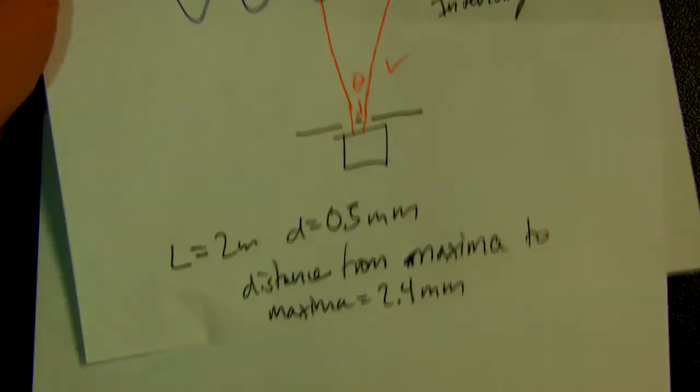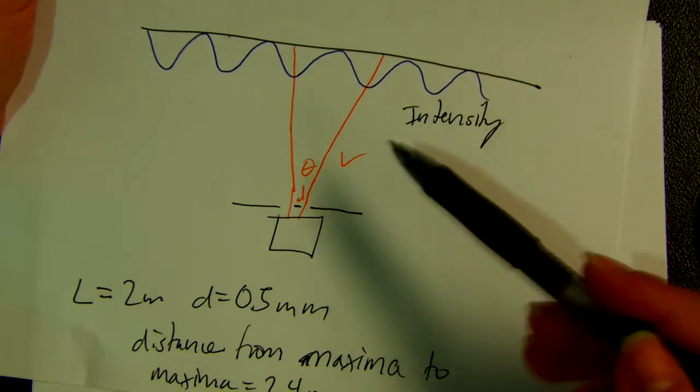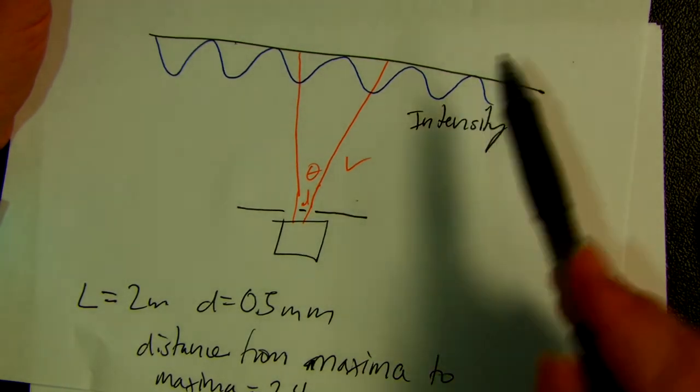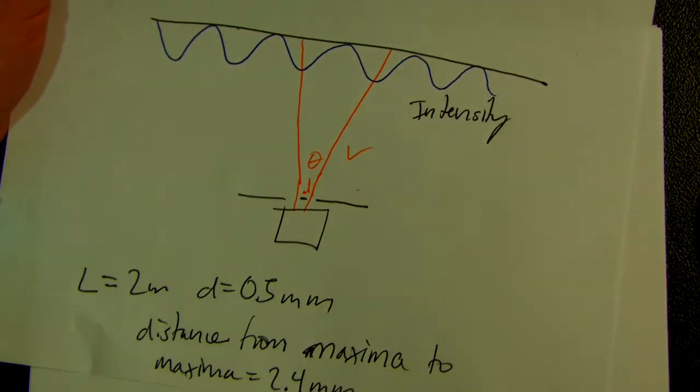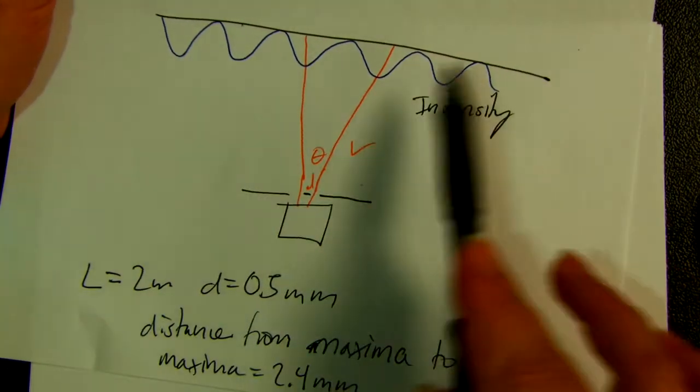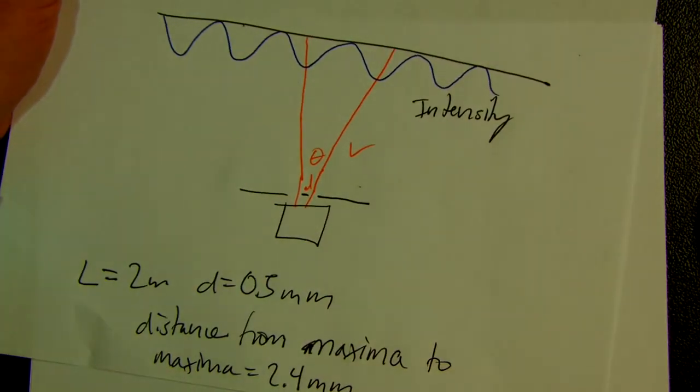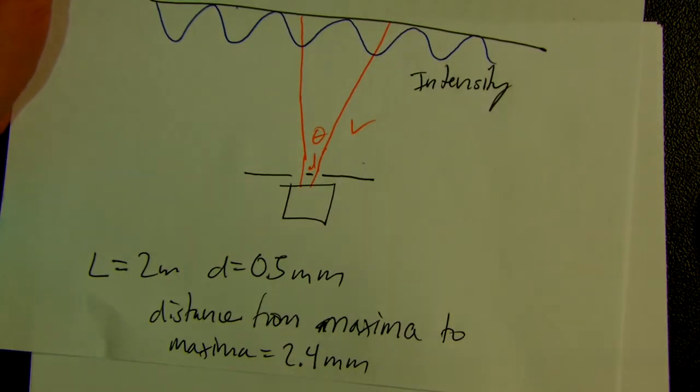So we can use this particular setup to calculate the wavelength of the laser light. So we have the length between the detection and the source. We've got the angle theta. We don't have the angle theta. We have the distance from maxima to maxima, and we've got the distance of the slit.